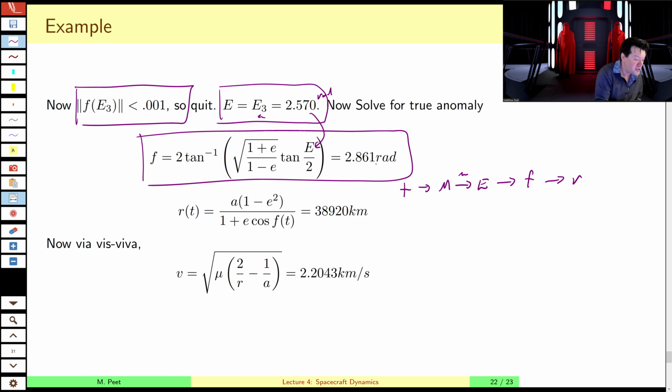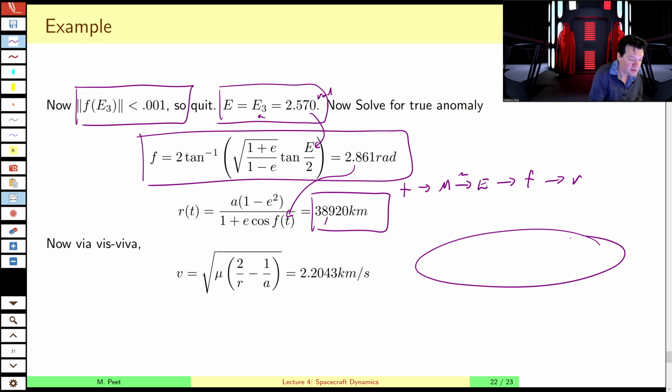Now we want to find the position and velocity, so let's plug 2.861 radians into the polar equation, and we get the distance here now, 38,920 kilometers. Well, that's interesting. So that looks like we're somewhere out there on the orbit arc.